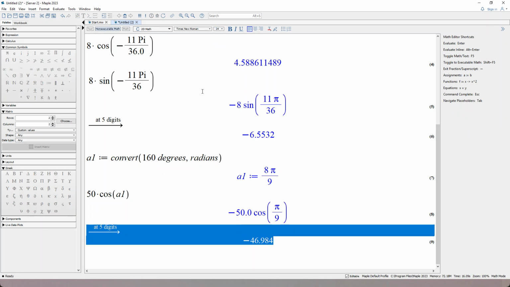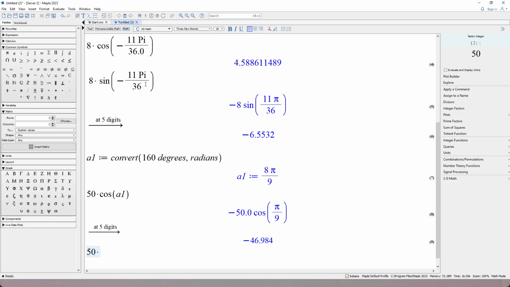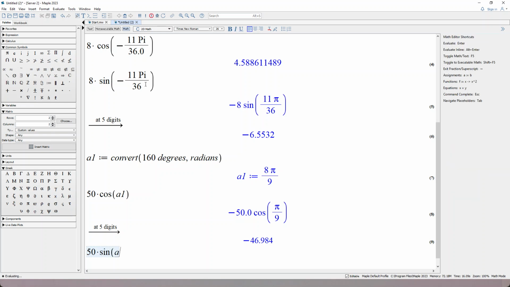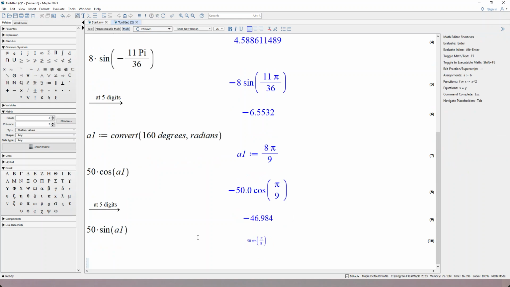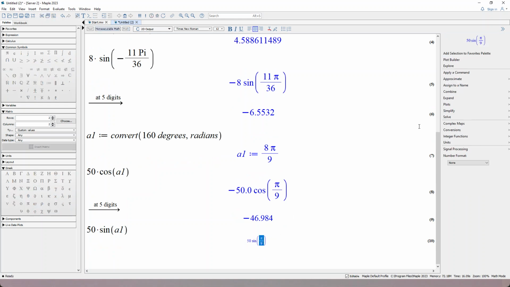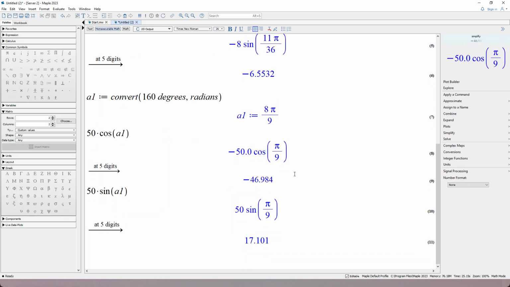All right, and then I would do the same thing for sine. So I would say 50 times the sine of A1, and it gives me that. Then again, I can do a decimal approximation and say I want 5 decimal places. And it tells me that it's 17.101.